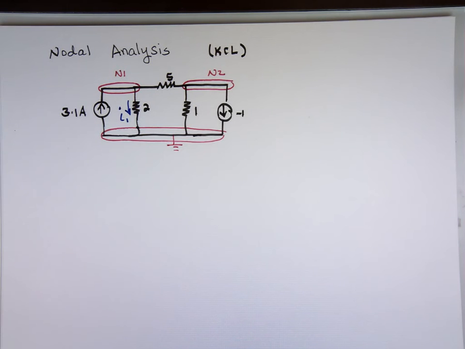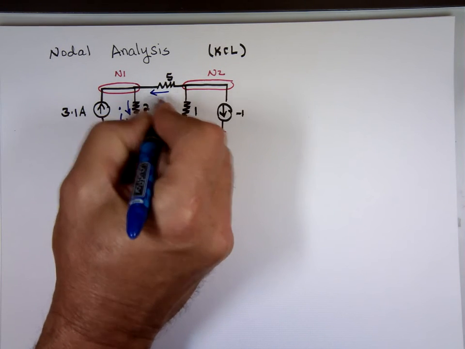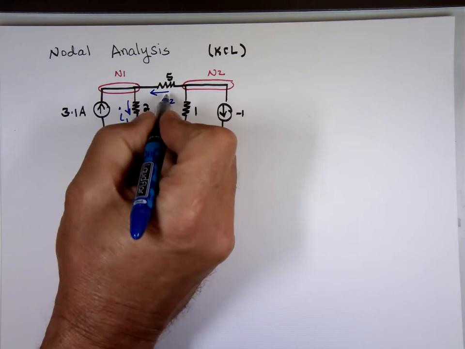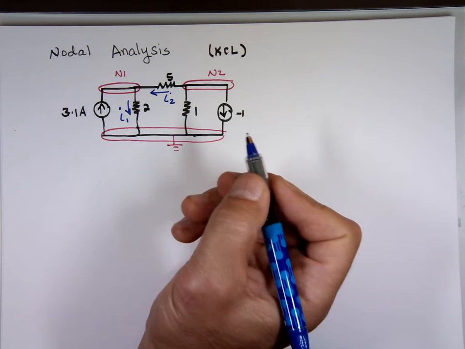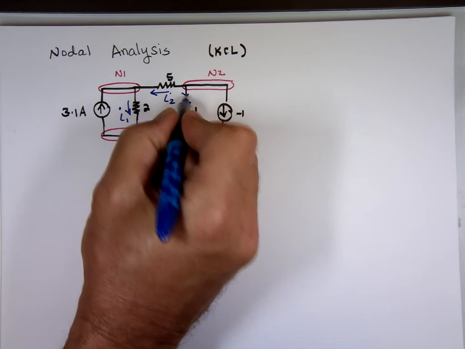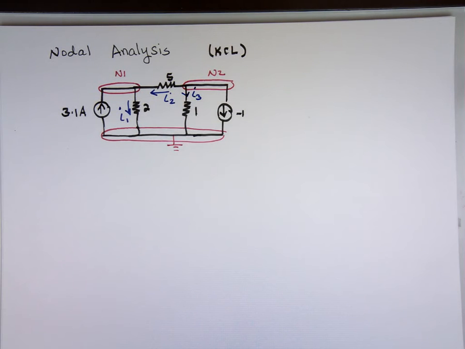Through this one, I'm going to make it go in, no reason. I2. Through this one, down. I3. It really doesn't matter which direction. If the value comes out negative at the end, that means your direction is wrong. Everything else is correct. It just should be going the opposite direction.